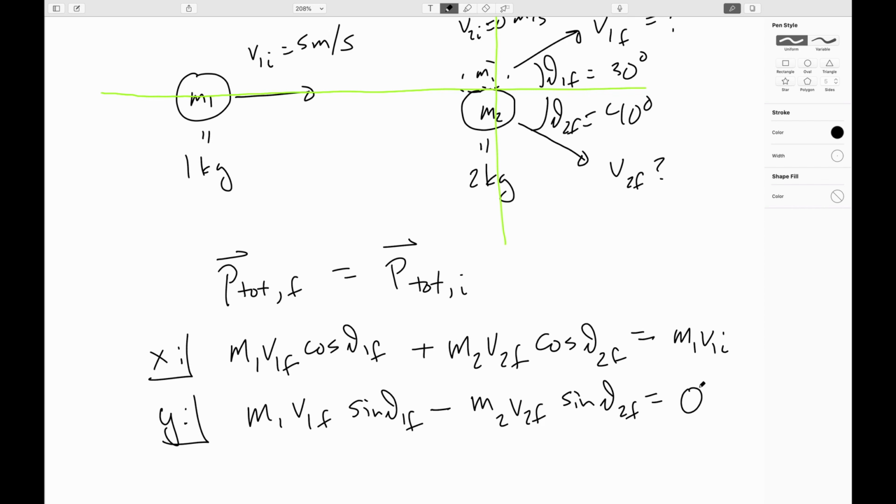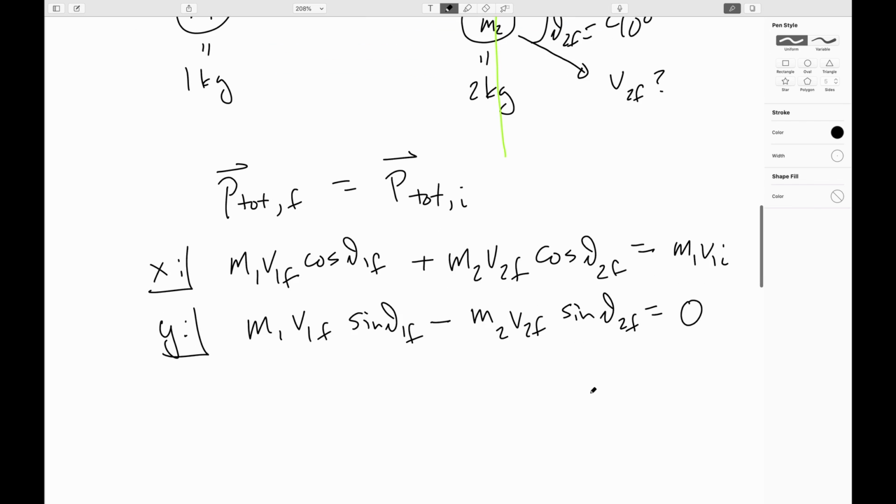Okay. And although what is going to follow is a pretty tough slug of algebra, I'll make it very clear that for the moment we're done with the physics. We've set up our expression for momentum conservation, and we're just having to do some algebra. The algebra is going to get a little yucky.